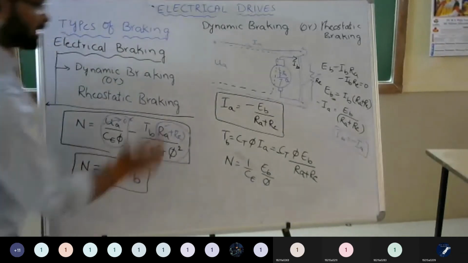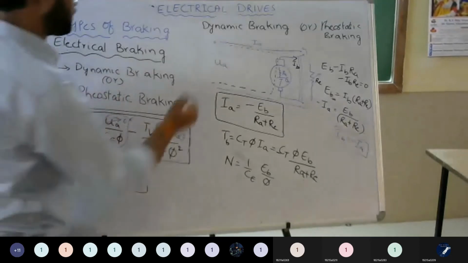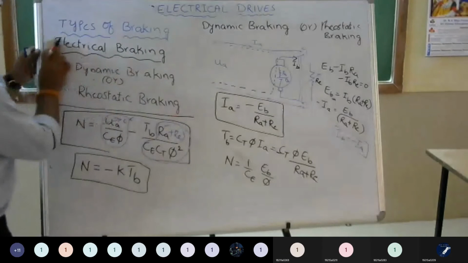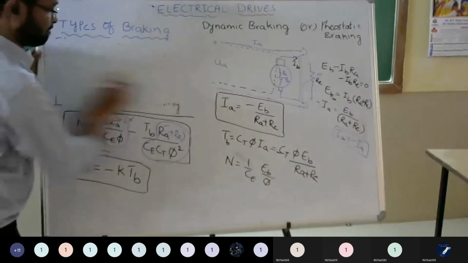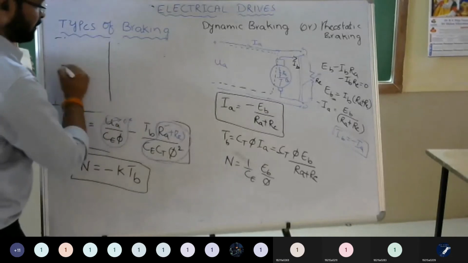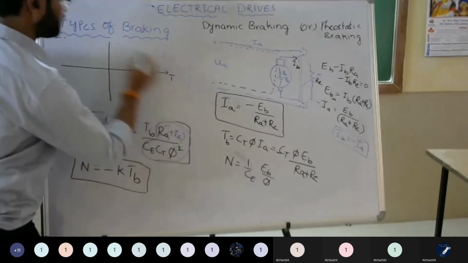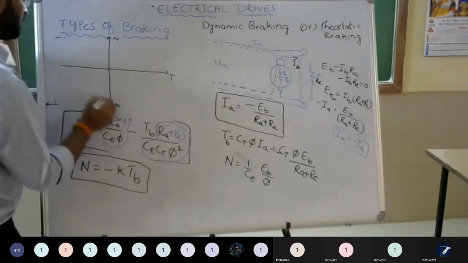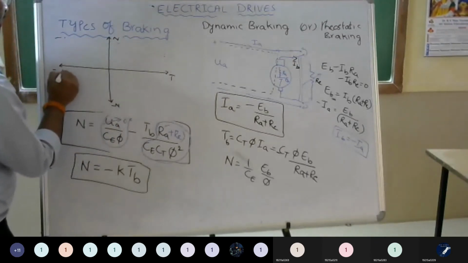So for this dynamic braking, now we can draw the graph. What is the graph? Already I showed. We will consider this one as torque, this one as speed, and this one as minus torque.